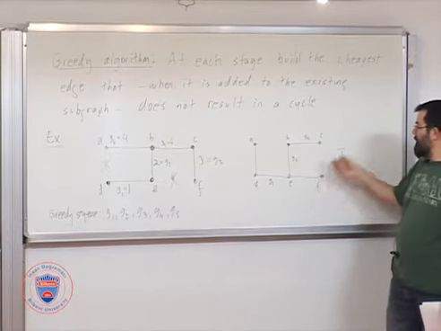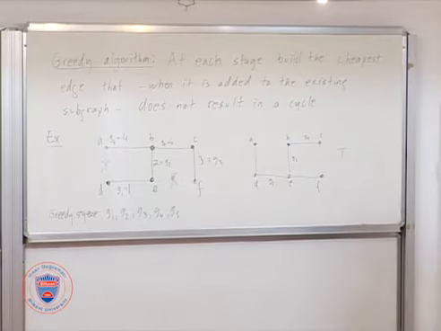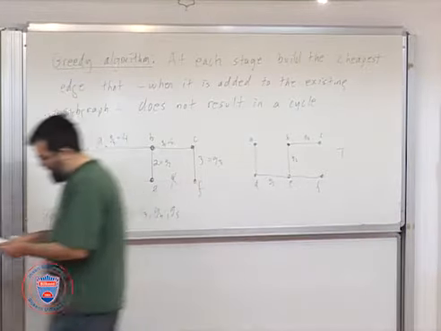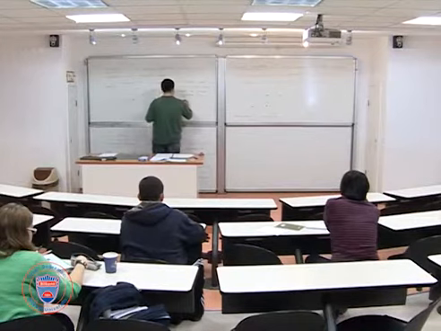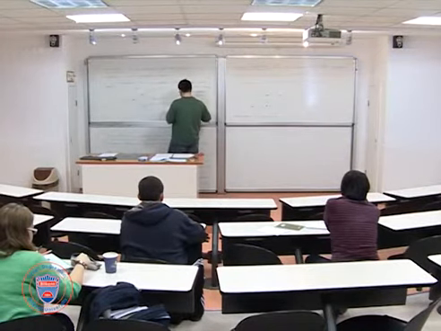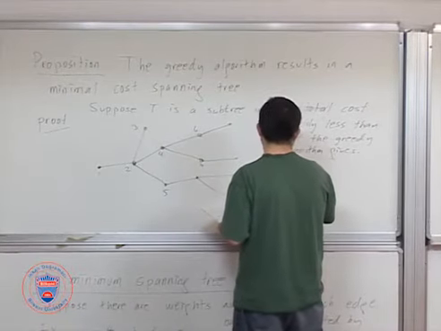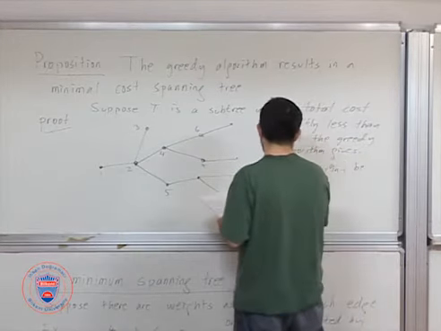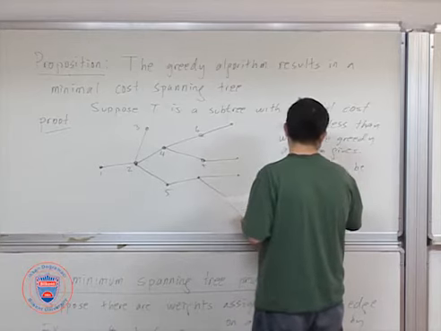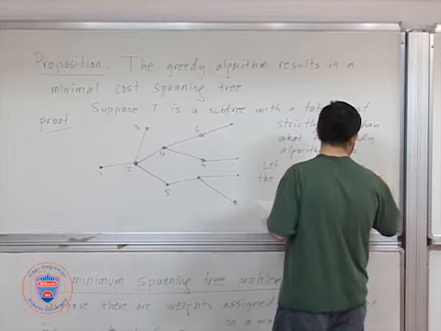So some of the edges are already in the greedy sequence. So you can always write this in a more abstract way. Suppose that G1 through Gn minus 1 are the edges in the greedy sequence, the full greedy sequence, like the entire thing.